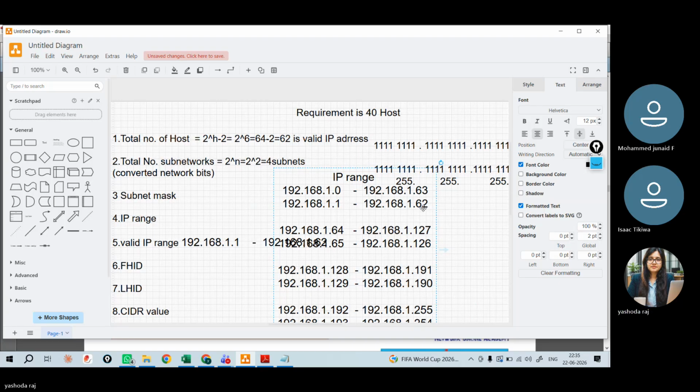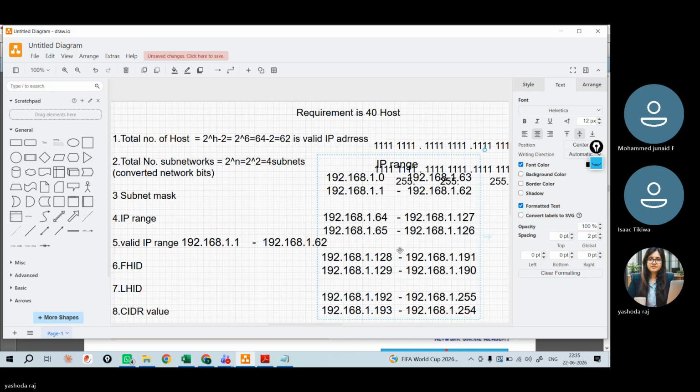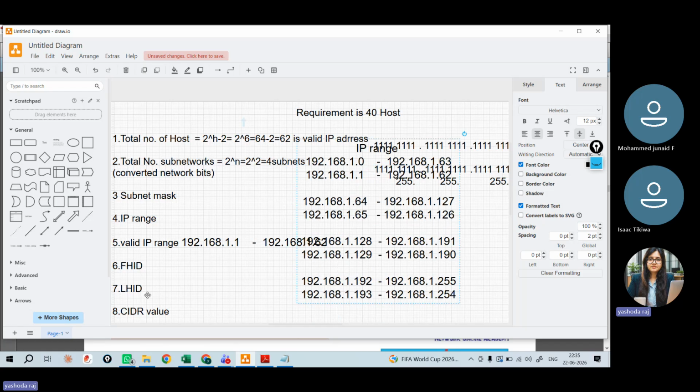See, first host ID, which is the first host ID? 1.1, 1.65, 1.129, and 1.193 is the first host ID. All the four you should write. Last host ID, 1.62, 126, 190, and 254 is the last host ID.